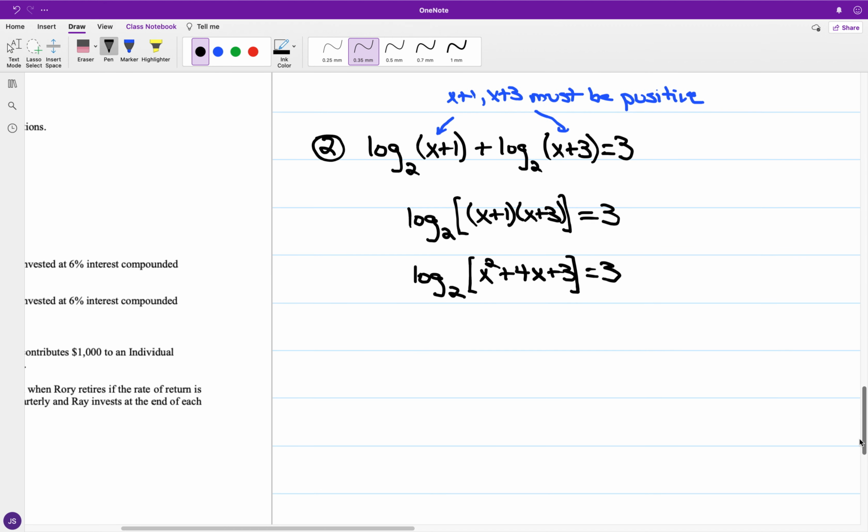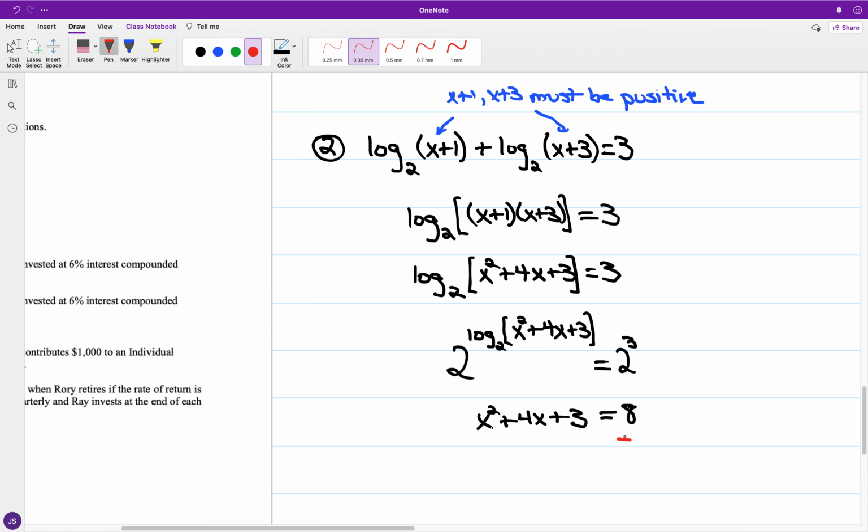And again, using the a to the base a logarithm of x is equal to x property, here the base a is going to be 2, and treating both sides as powers to which 2 will be raised, for what I have on the left, I have x squared plus 4x plus 3 is equal to 2 to the third, which will be 8.